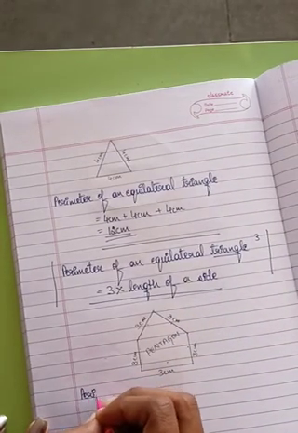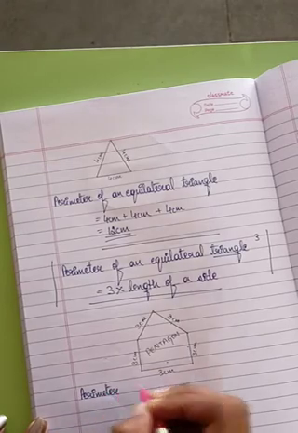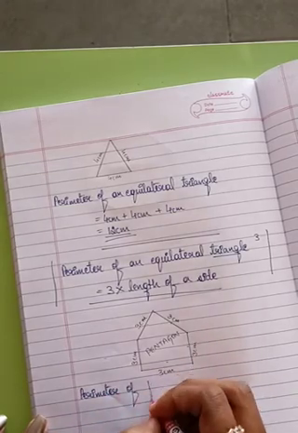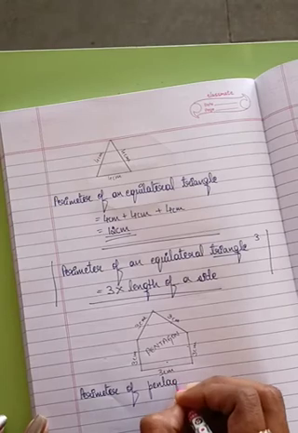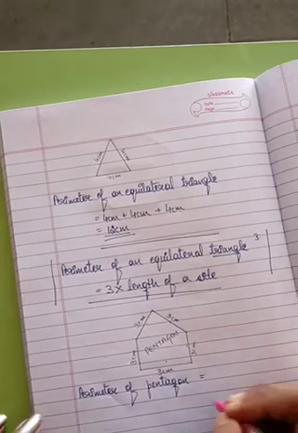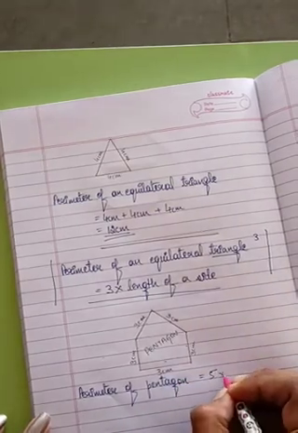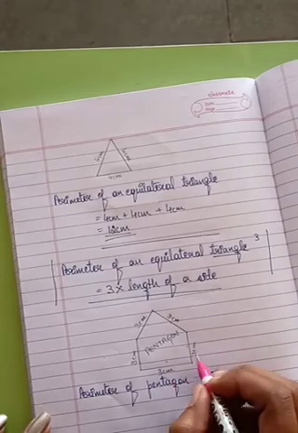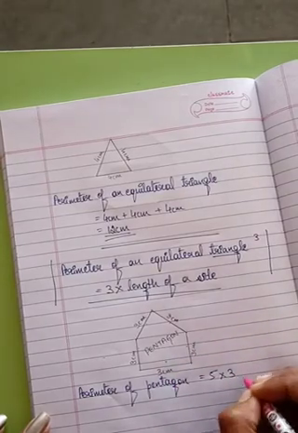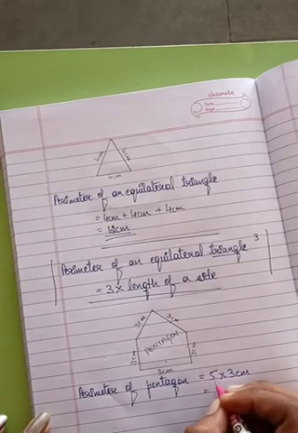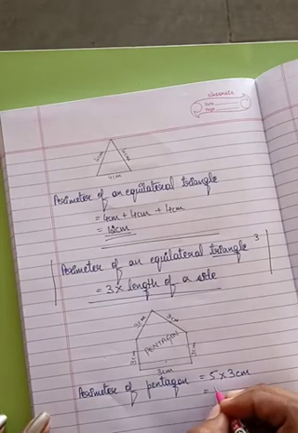Perimeter of pentagon is equal to how many sides? 5 multiplied by what is the measurement of each side? 3. So 5 3s are how much?